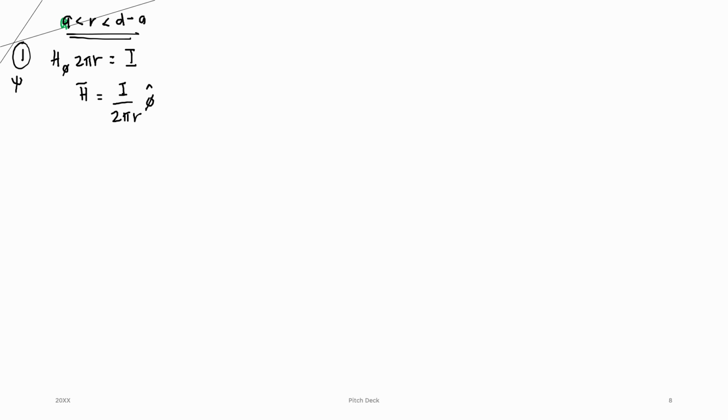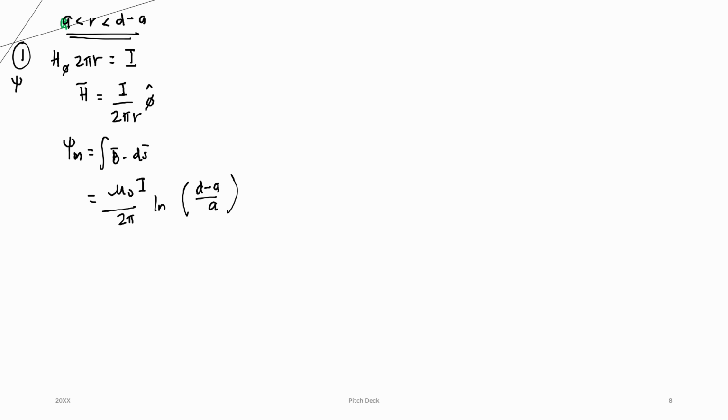And from there we can find the flux by using B dot dS. From here we will get the value of the flux equals mu naught I over 2 pi, ln (d minus a) over a.